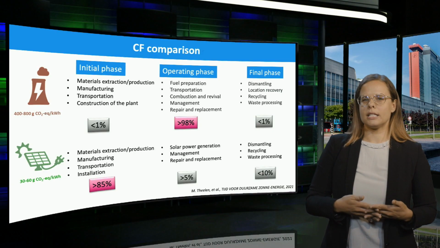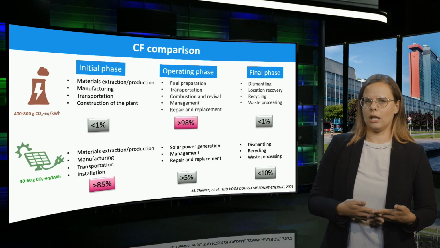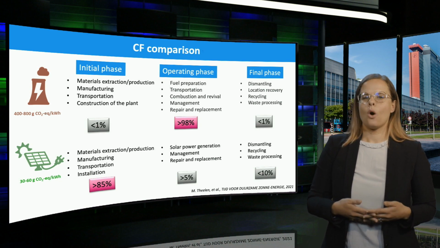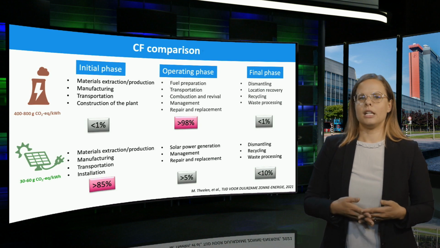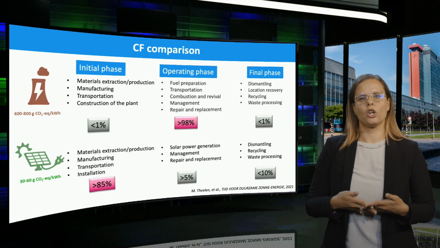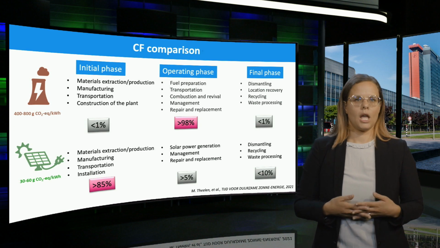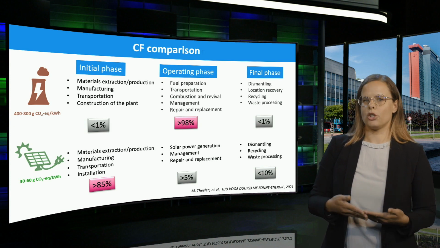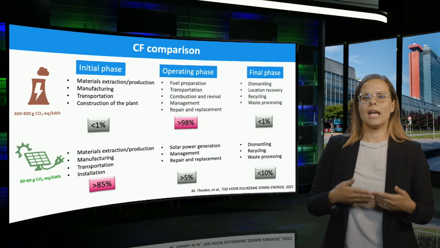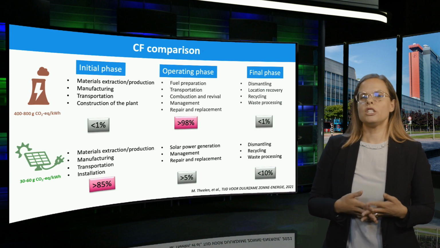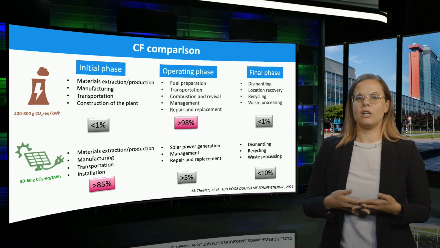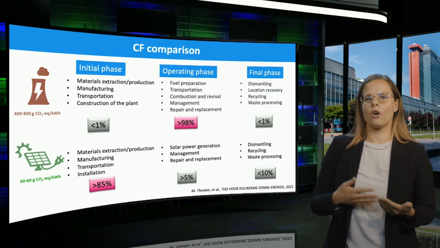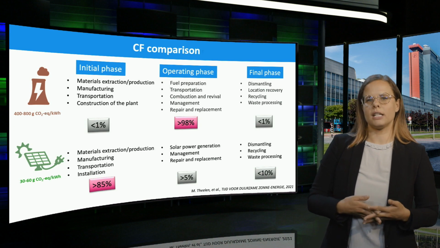We can clearly see that for fossil fuel-based electricity, the carbon footprint mainly lies in the operating phase, while for PV electricity, the initial phase dominates the carbon footprint contribution in the life cycle. The factors include material extraction and production, PV module manufacturing, transportation, and system installation.